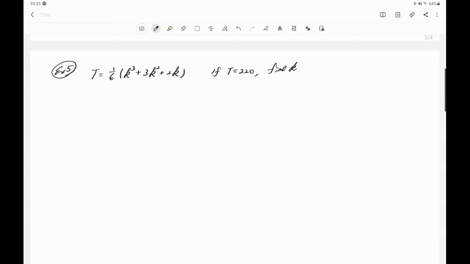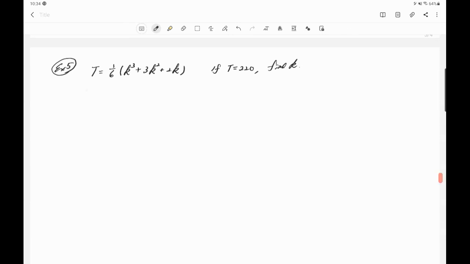That's the question. In order to find K, you just plug in 220, and we need to make this equal to 0. This is solving an equation. So multiply 6 on each side. That will be 1320 equals k cubed plus 3k squared plus 2k.